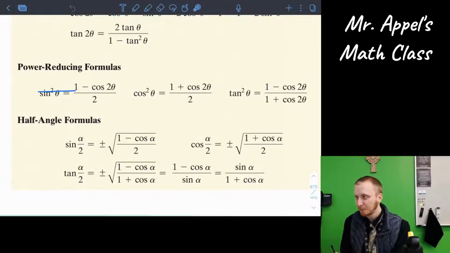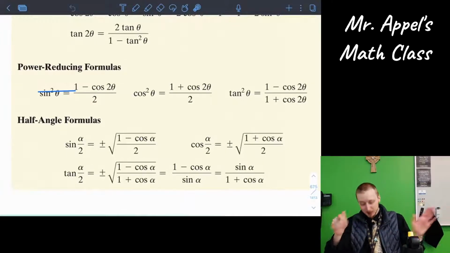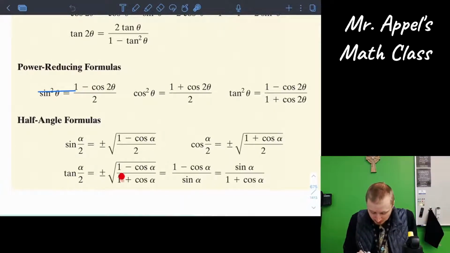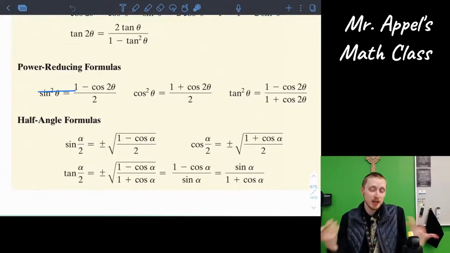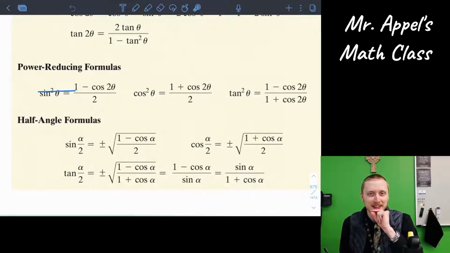Since I need all three of these, I'm going to look for the least amount of work. Mathematicians are always as lazy as possible. Since I have options, I want this equation for tan of half alpha because it only uses cosine. And then all I need to actually figure out is the cosine of alpha, from knowing the cosecant.